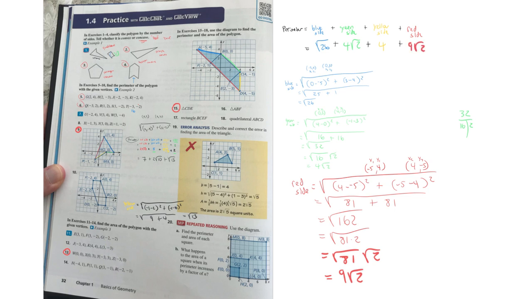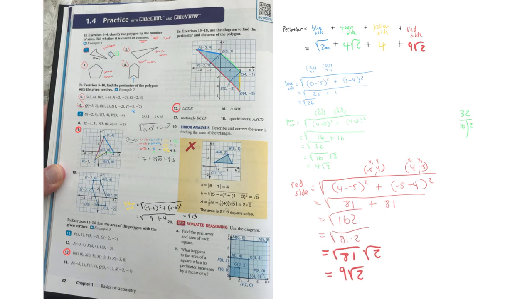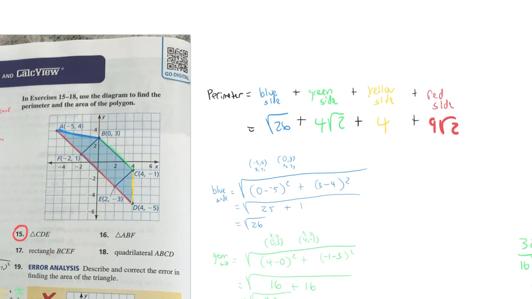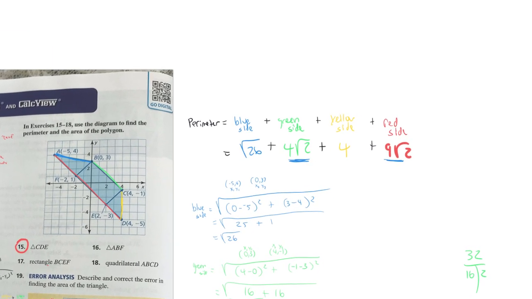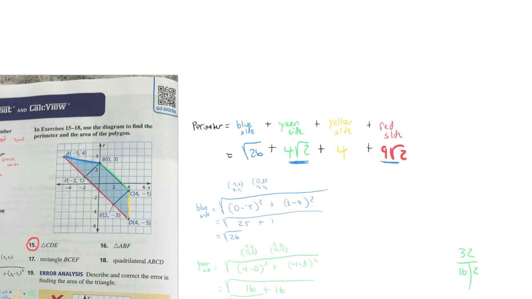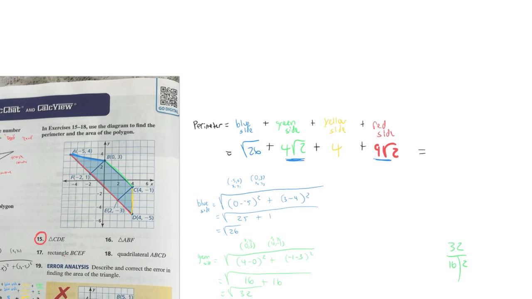So we're basically done finding all those side lengths, right? And we can simplify now because these can actually go together. You almost treat it like it's a 4x plus a 9x. You see how the radical 2 is the same? You could almost treat it like it's an x. And if it was 4x plus 9x, we both know that that would be 13x. But instead of writing 13x, I'm going to write 13 radical 2.